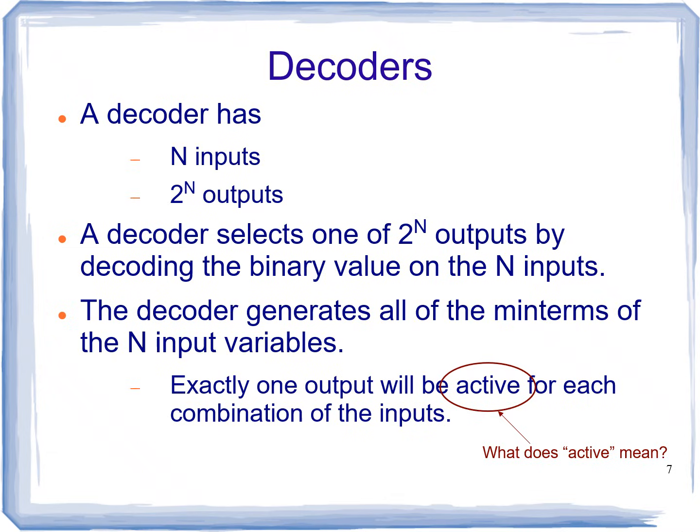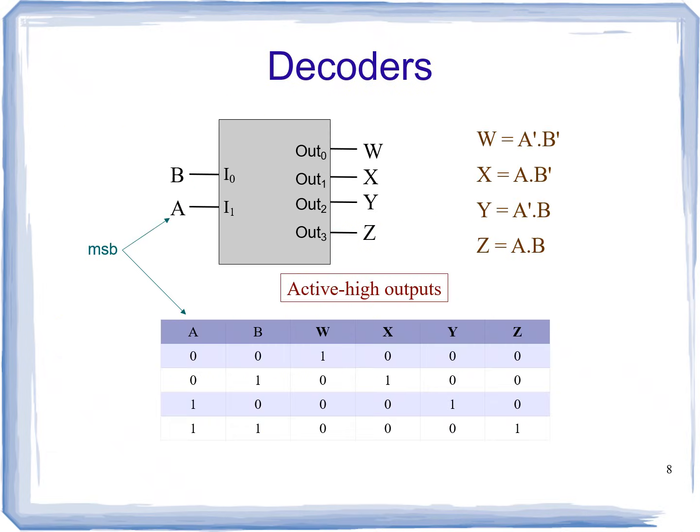Here the decoder will be enabled based on the combination of the inputs. It will be active only for one output. The remaining pins will be 0 here. In the input, AB is taken as input and WXY is taken as output.